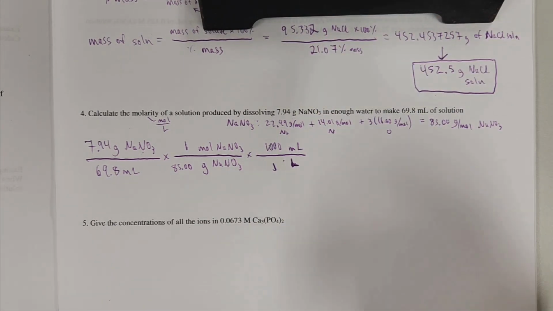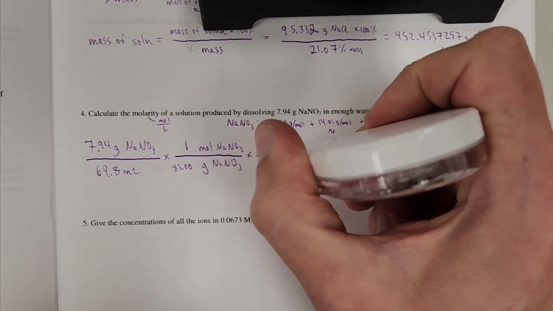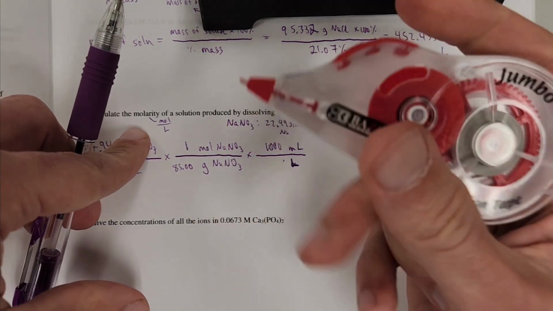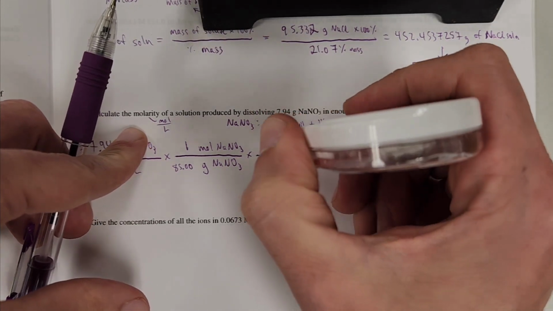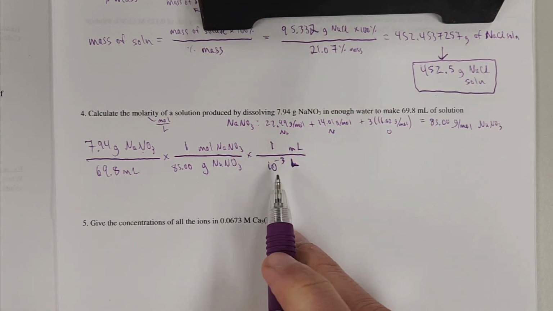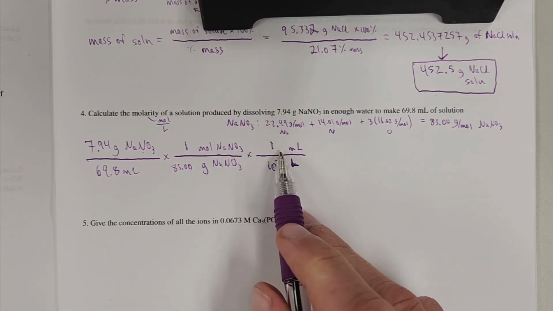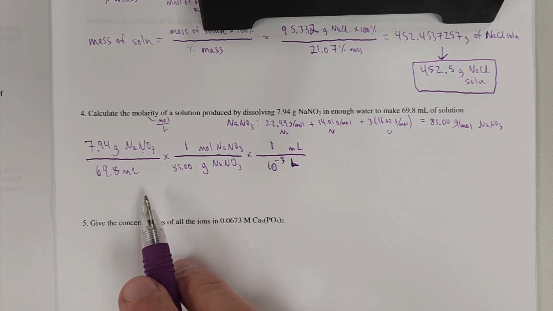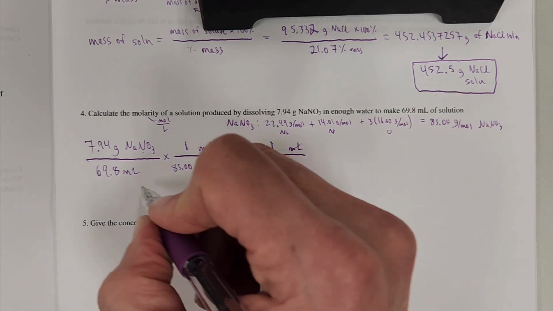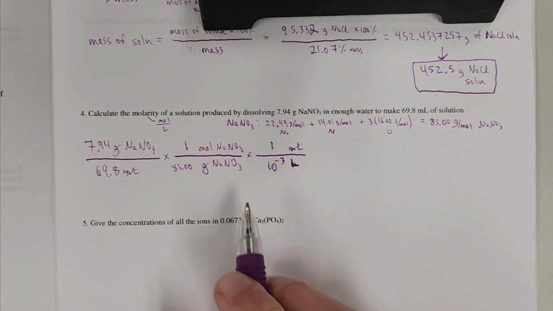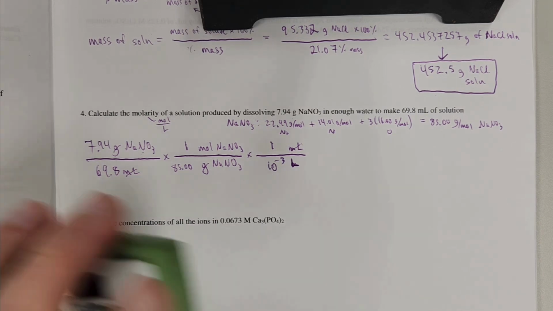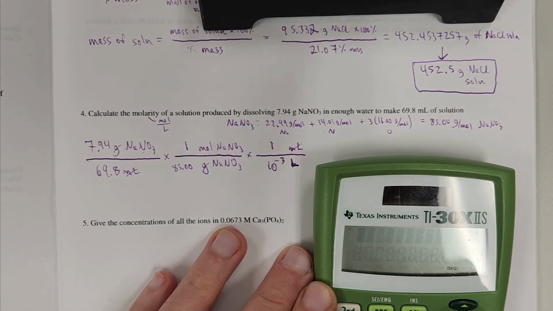It doesn't really matter which one you do because they both give the same answer. So I suppose for no particular good reason, I'll just leave it like this, even though it's going to be mathematically the same to put 1 here and 1,000 here because there's 1,000 milliliters in a liter. Anyway, if you just check the units, milliliter cancels milliliter, gram cancels gram, and now you have moles per liter, which is molarity. So if you do the math on that, let's see what it comes out to.